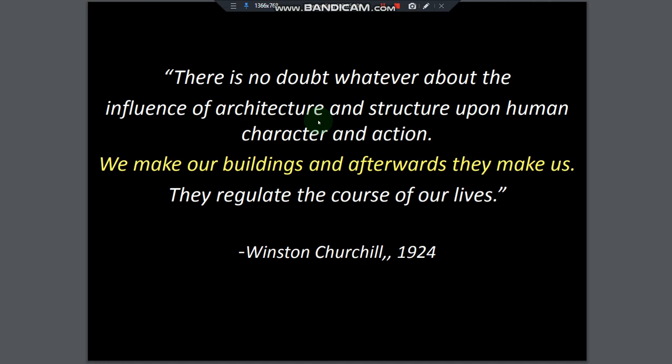So there is no doubt whatever about the influence of architecture and structure upon human character and action. We make our buildings and afterwards they make us. They regulate the course of our lives. That is the saying of Winston Churchill, 1924. We make our buildings and afterwards they make us, no?